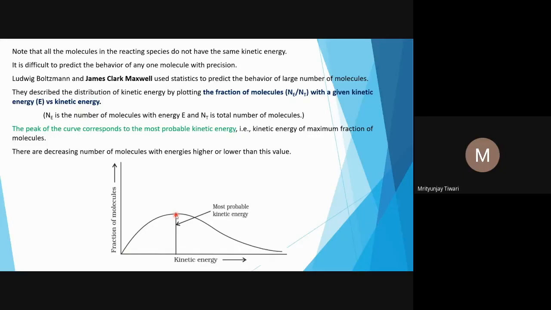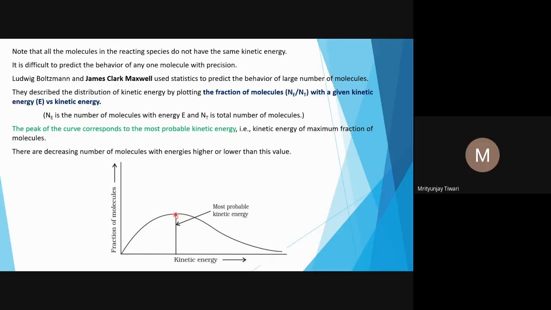The highest occurrence of a certain value is a statistical value that we call the most probable value. And the most probable kinetic energy will be the energy acquired by the highest number of molecules.